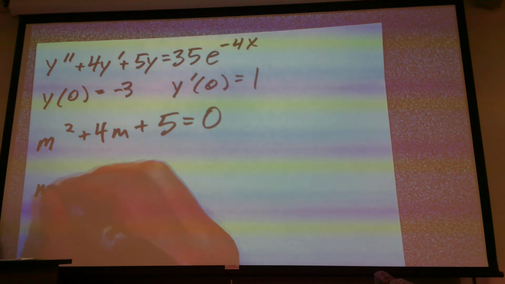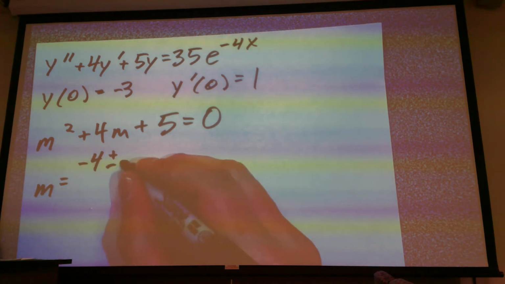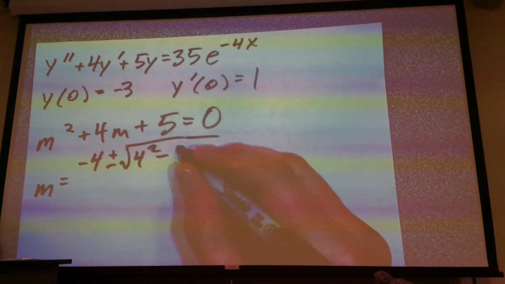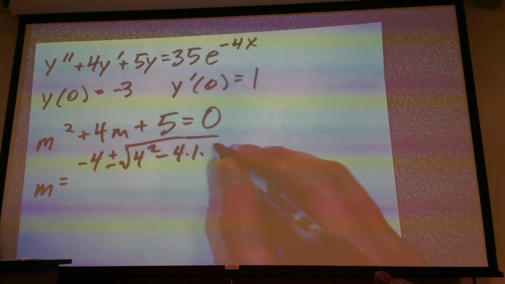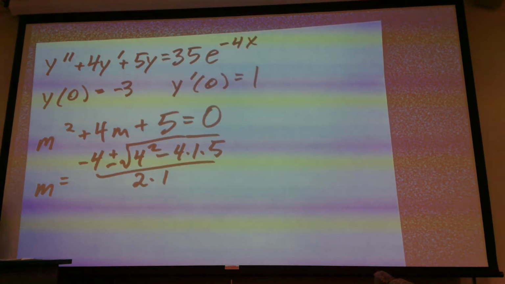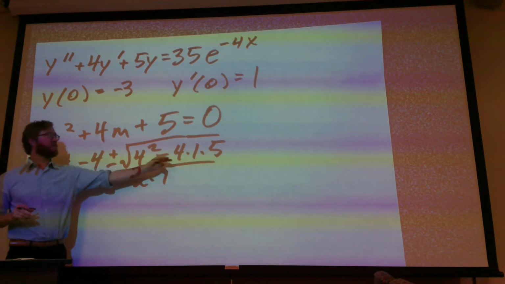So m is going to equal negative b plus or minus the square root of b squared minus 4ac divided by 2 times 1. Okay, so this part in here becomes 16 minus 20.